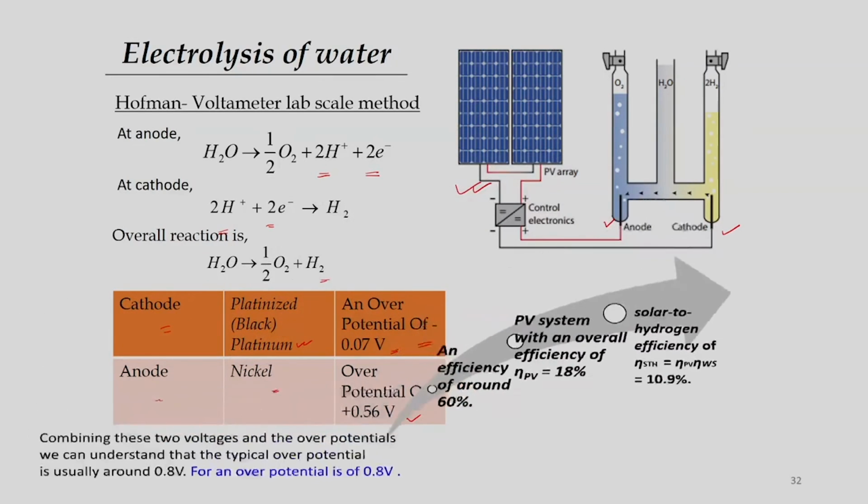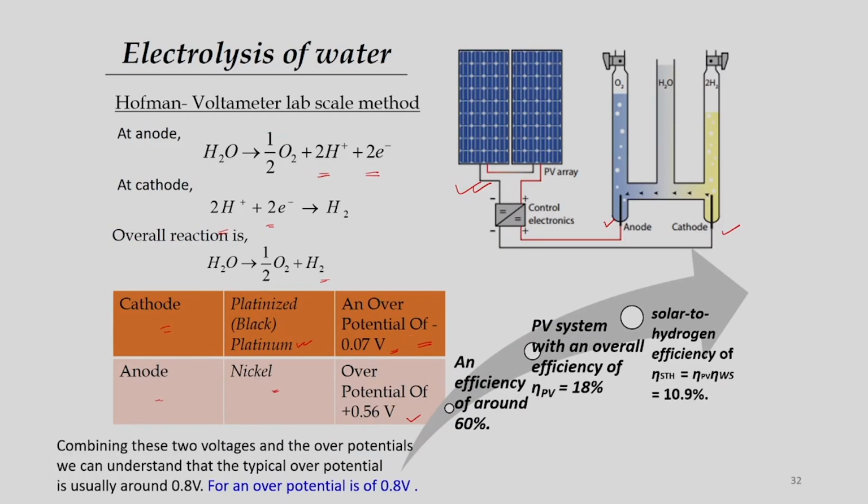So if we combine these two voltages here and here, the over potentials, we can understand that the typical over potential is usually around 0.8 volt.